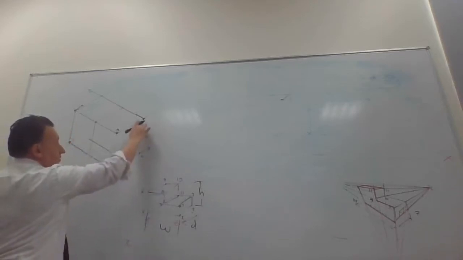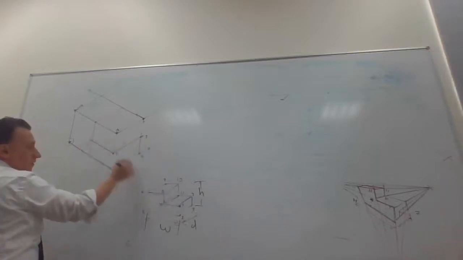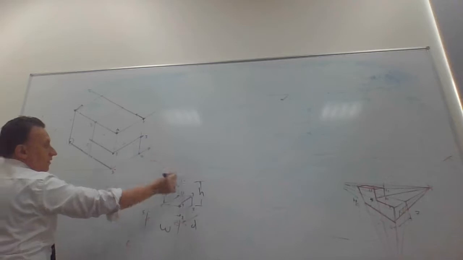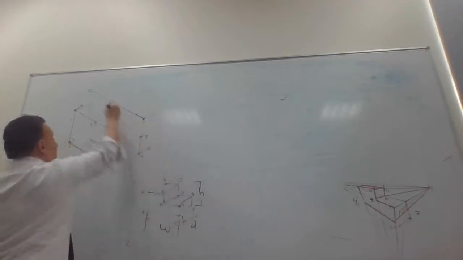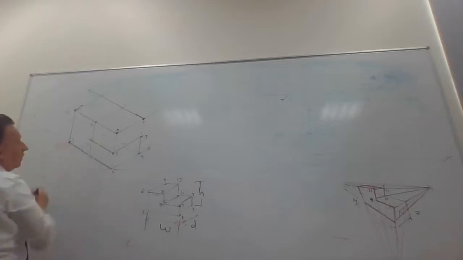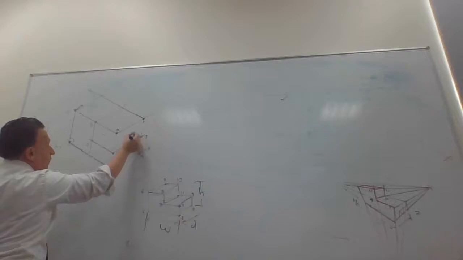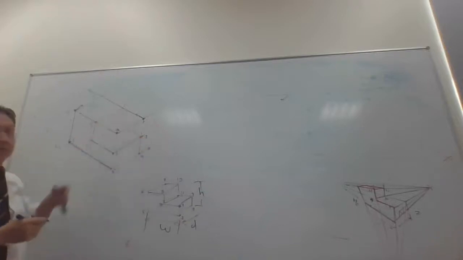I don't need this one, keep it. I have here 7, I have here 8, I have here 10, I have here 9, I have here 6, I have here 5. So I need from here to go to the right and from here to go to the left. So I will make them intersect.